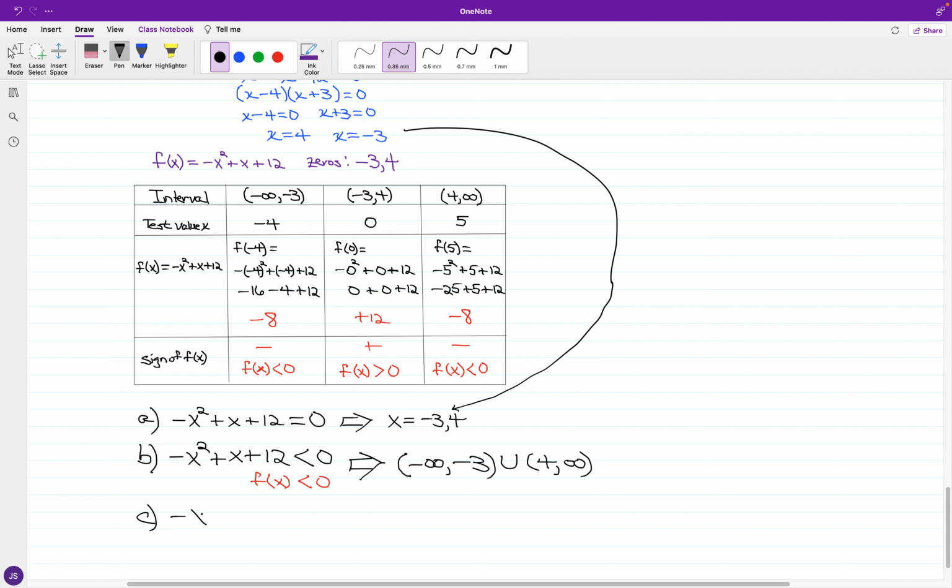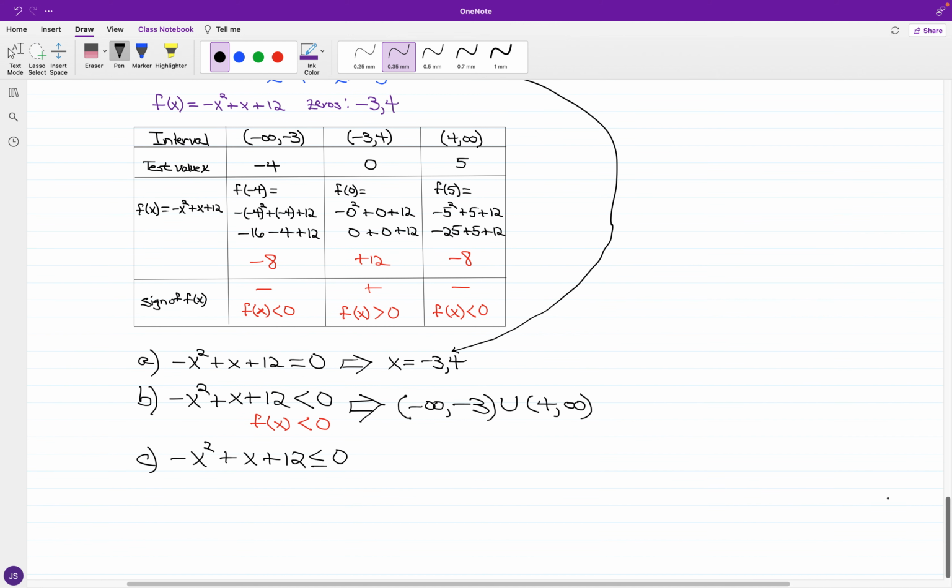And for C, again, where we have negative x squared plus x plus 12 is less than or equal to 0, we have f of x is less than or equal to 0.